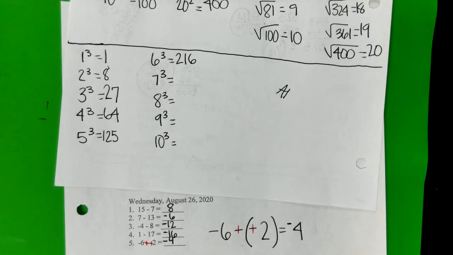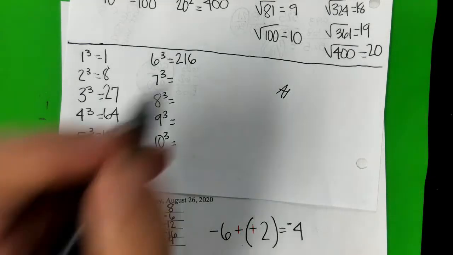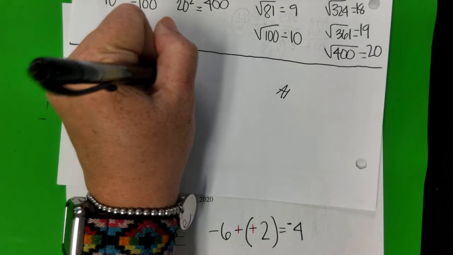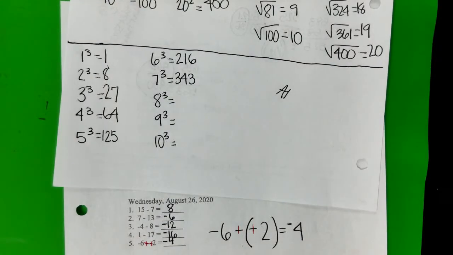I was thinking 343. Hold on. Yeah, 343. Eight times 8 times 8. You're doing 64 times 8.